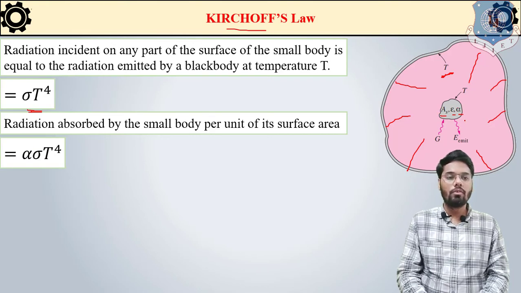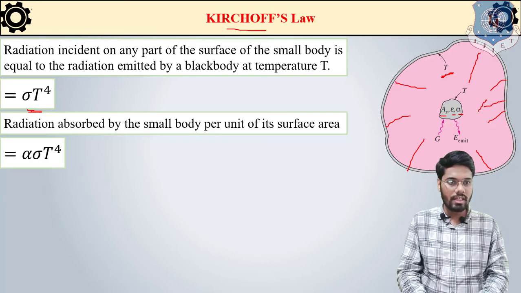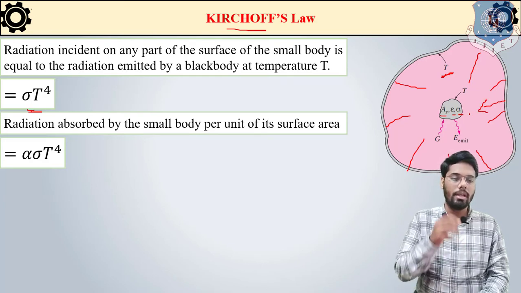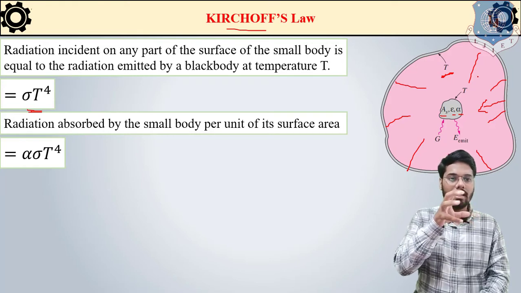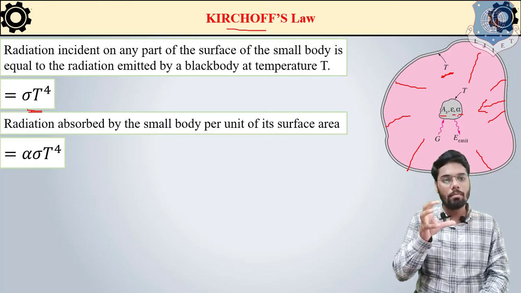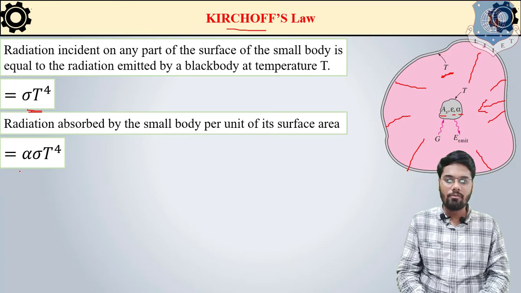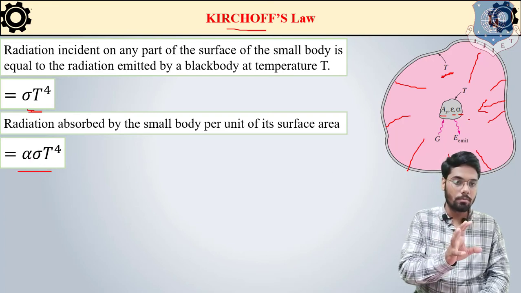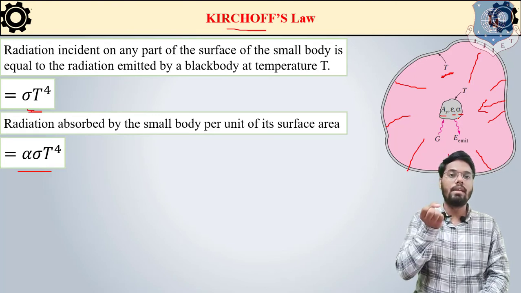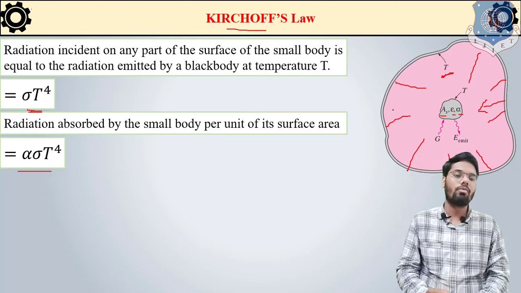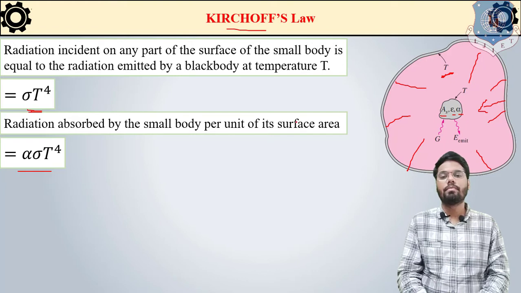So the amount of electromagnetic wave coming from this black body to this small body that is going to be absorbed will be alpha into sigma into T raised to 4. Alpha is the ability of this small body to absorb the electromagnetic wave coming from the surroundings, from this black body.